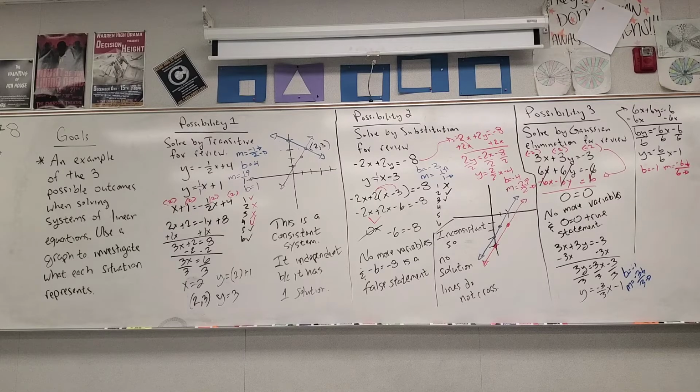So let's graph this and see what's happening here. So the blue equation, I begin at minus 1. I go down 1, 2, 3, and I go right 3. 1, 2, 3, and here's my line.